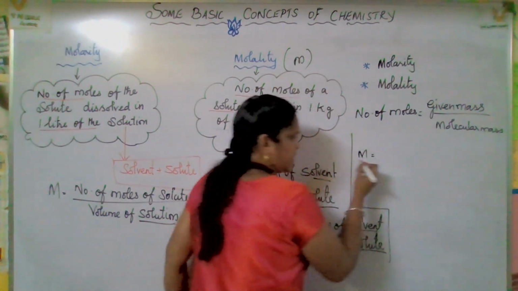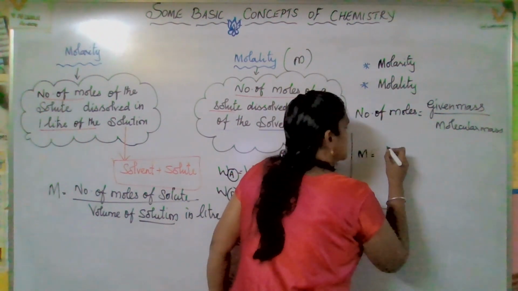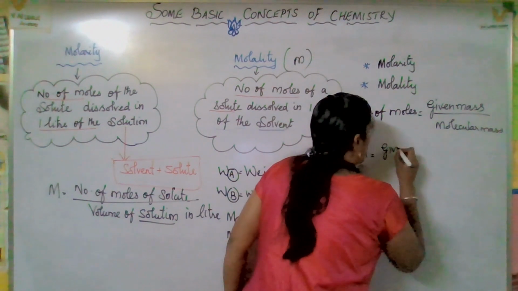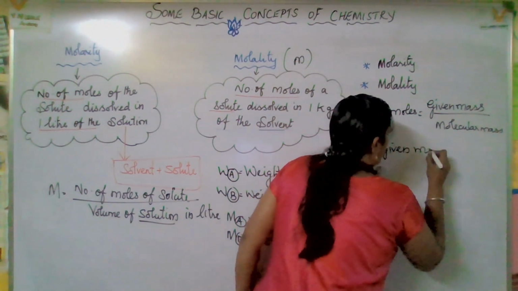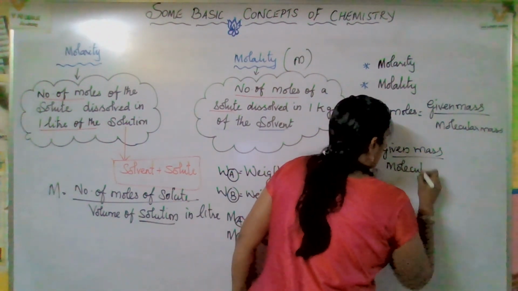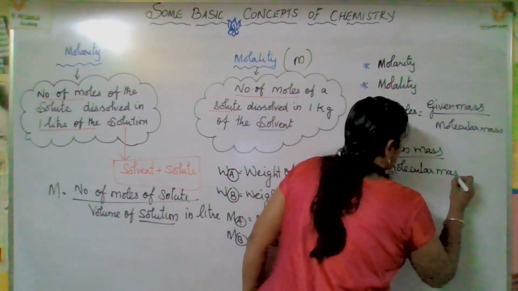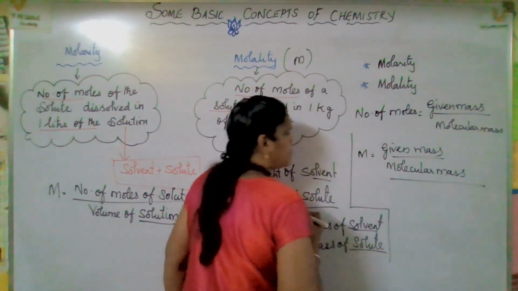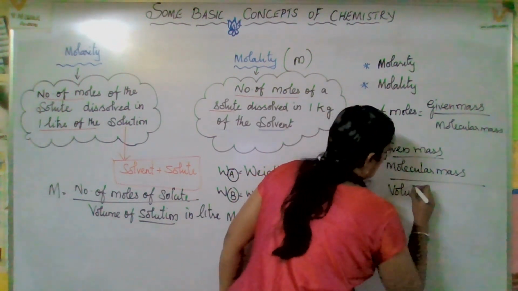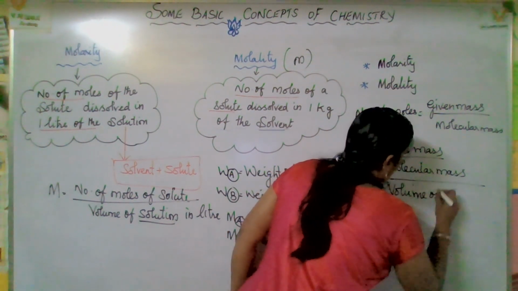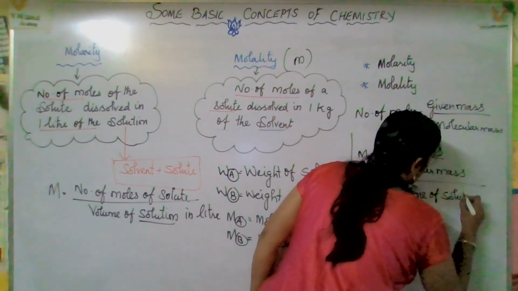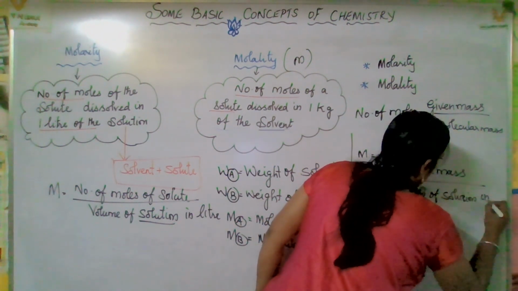Capital M is equal to given mass by molecular mass, which is the number of moles, divided by volume of solution in liter.